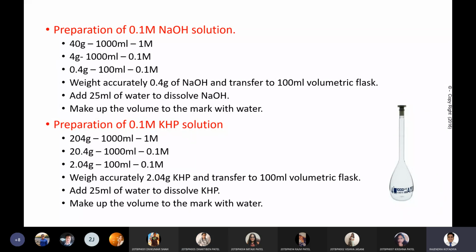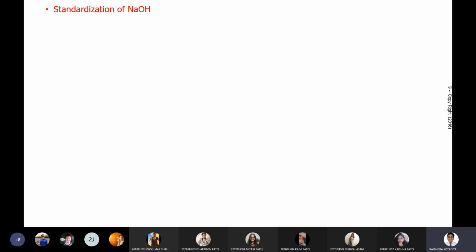Yes, sir. Okay. So now our next step would be we need to find the concentration of the secondary standard solution. And for secondary standard solution estimation, we are supposed to have a primary standard solution, that we already have, that is 0.1 molar KHP solution. So now we can see the actual titration methodology.